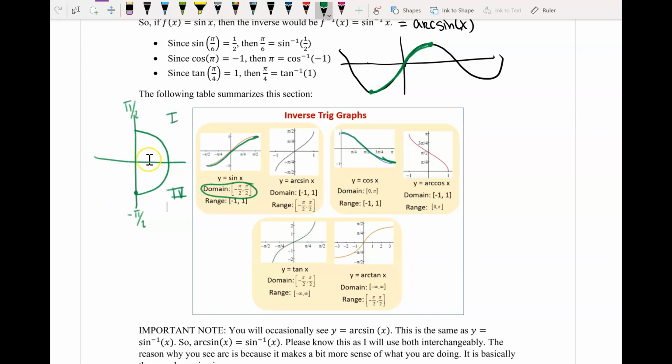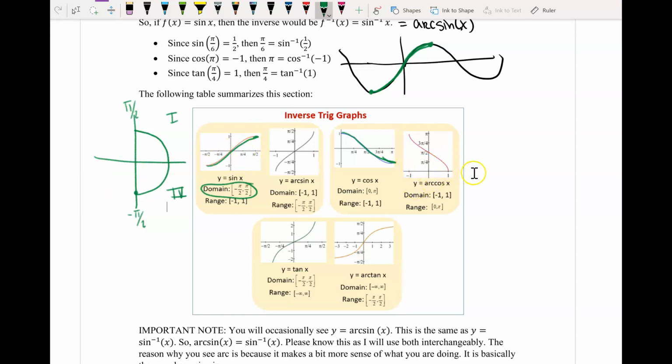So whenever I use the arc sine, I can only get values from quadrant 1 and quadrant 4. I can't get them from quadrant 3 or quadrant 2, because that's not where I restricted this domain.